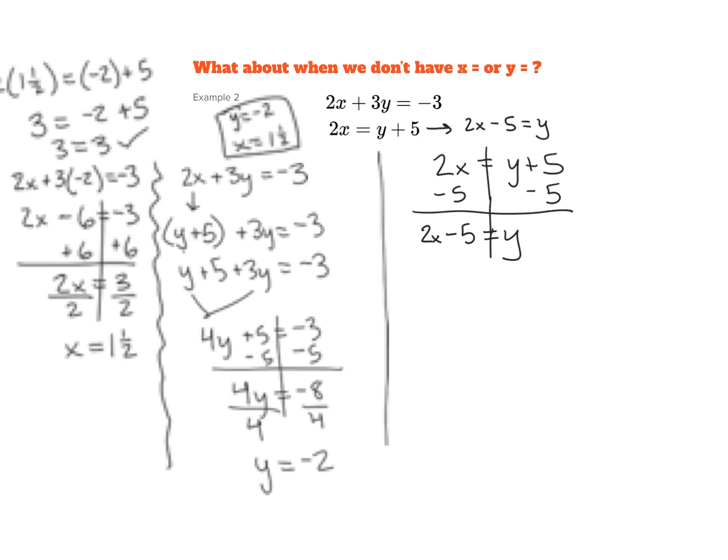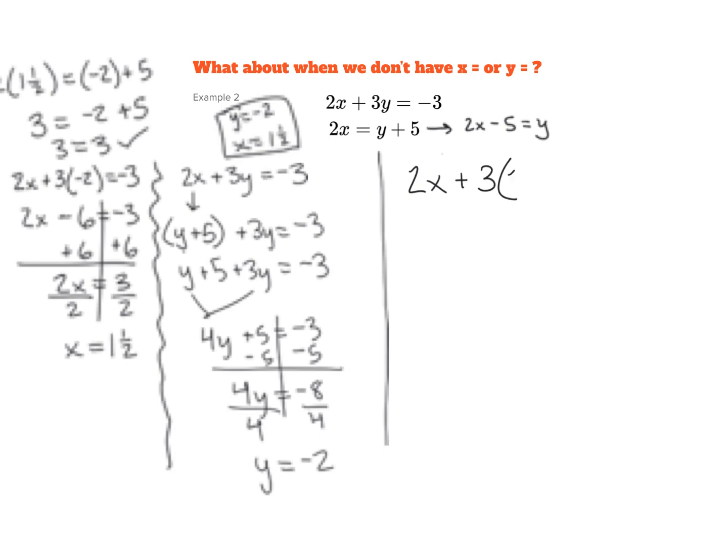But now by this one little switch, we've gotten it back to where I can simply find wherever my y is in my other equation and plug in what I know, that it's 2x minus 5. So let's do that. 2x plus 3y is equal to -3.